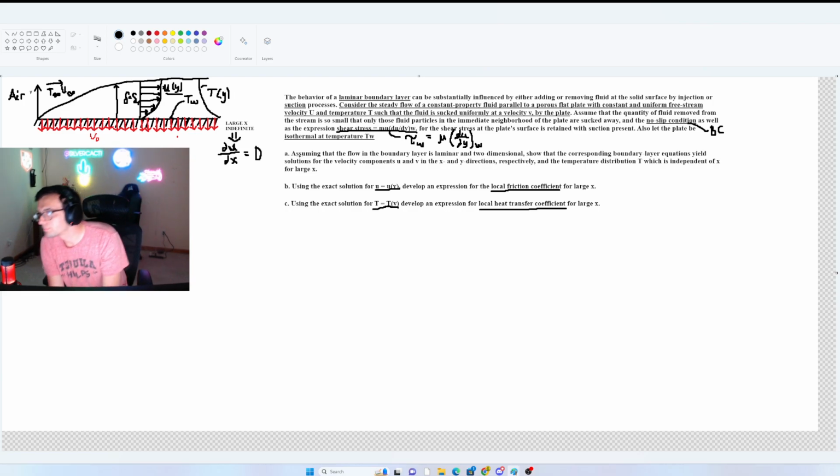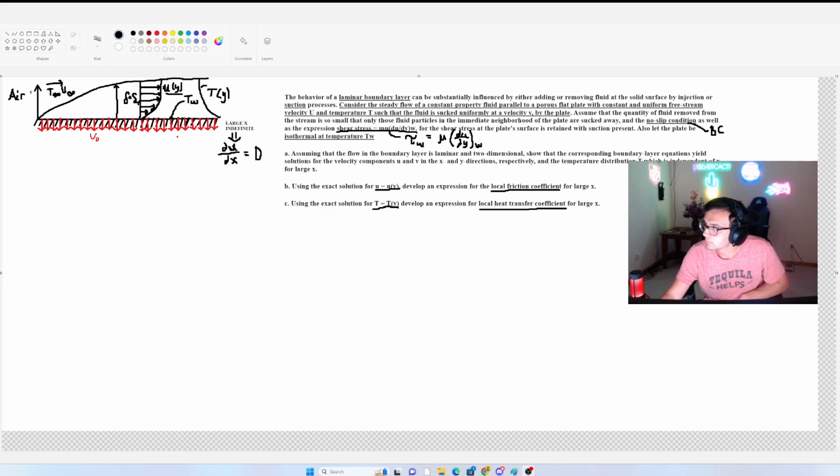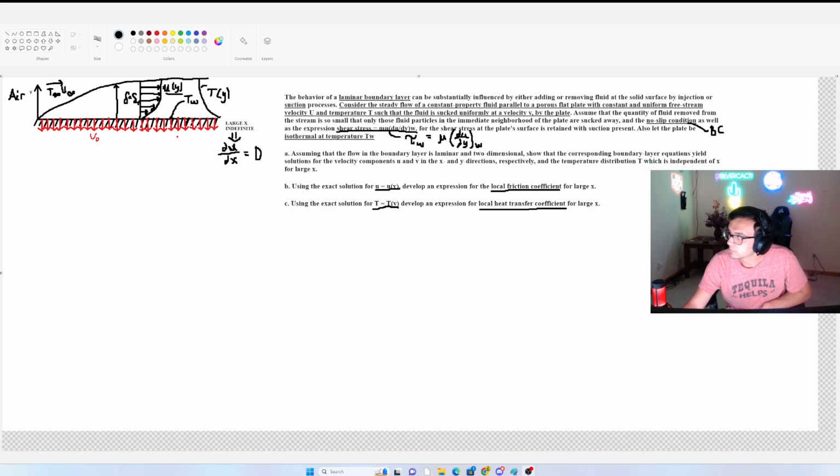So, let me move my camera. So basically from that, you can assume, we'll get into it when we get to the first one. The first part of the problem, we're just making the continuity equations and basically the equations we're going to be using in the problem.